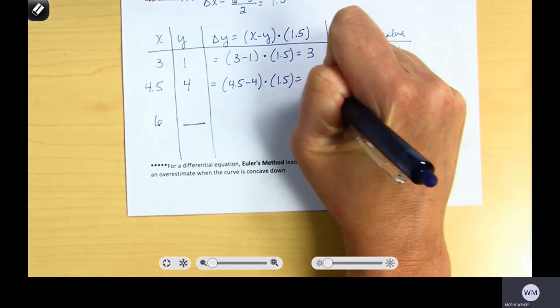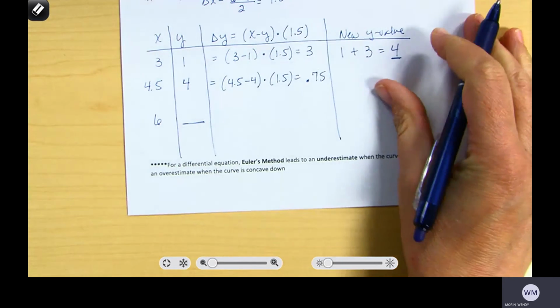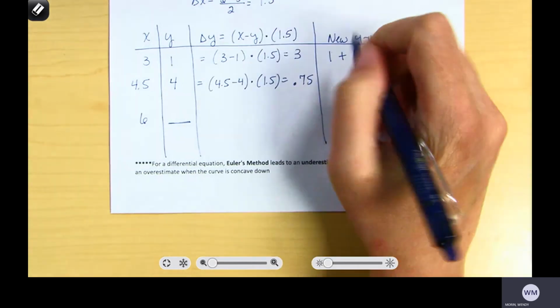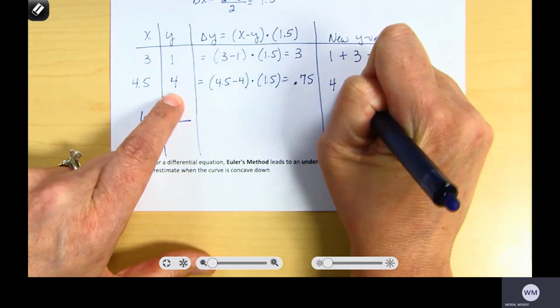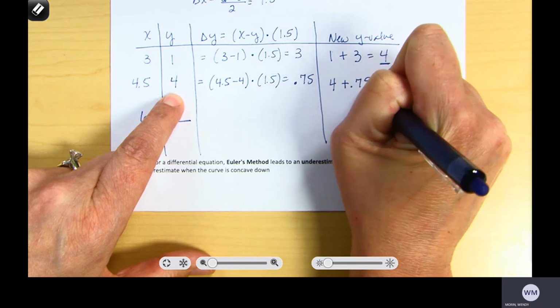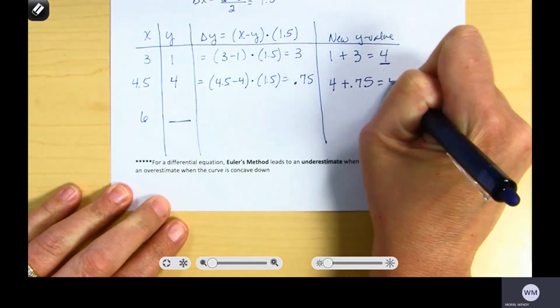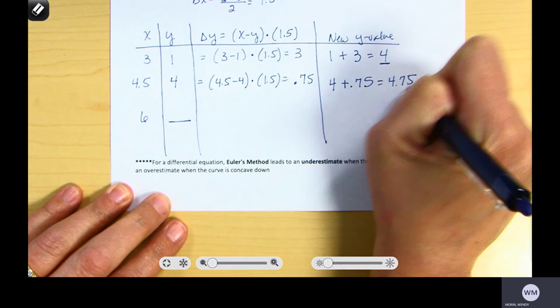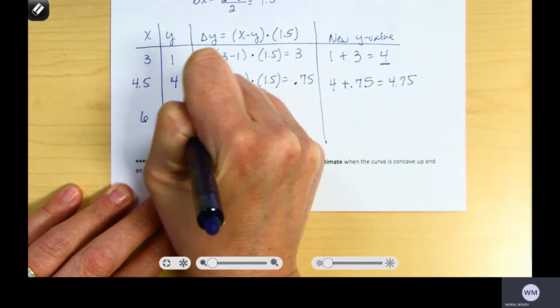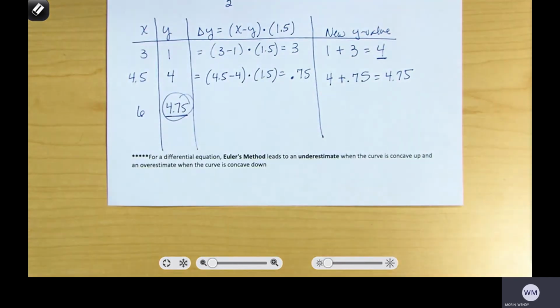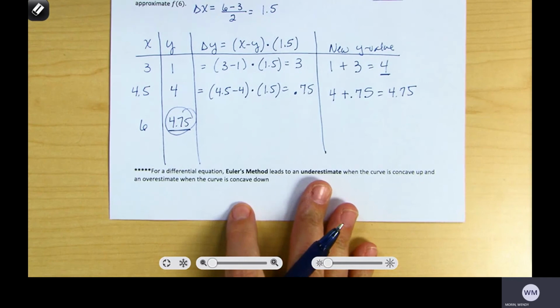We're going to have a change in y of 0.75. So we started at 4. We have a change in y of 0.75. So our new y value for the next step is 4.75.